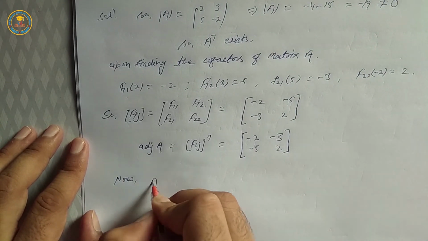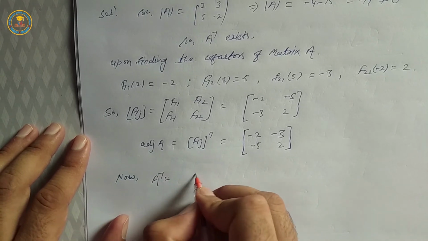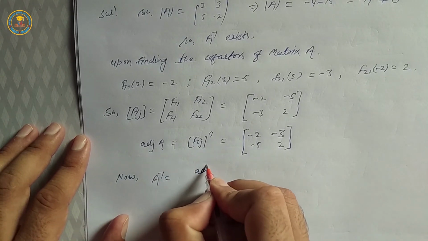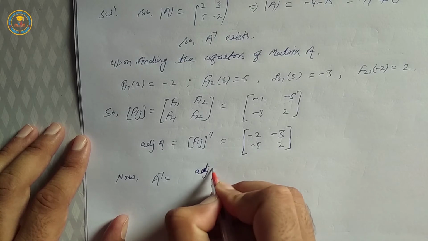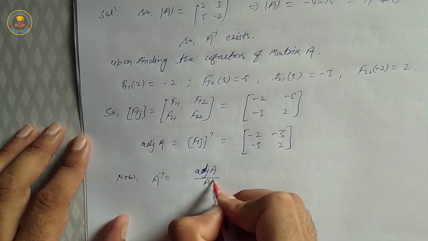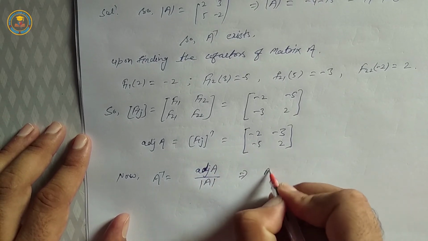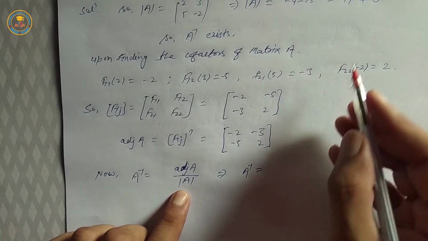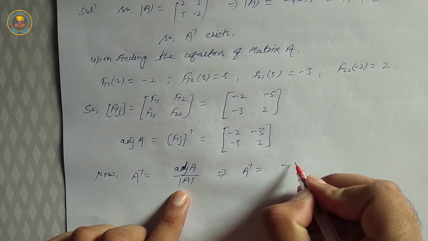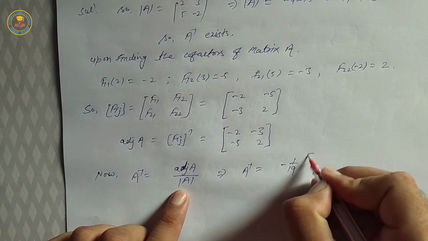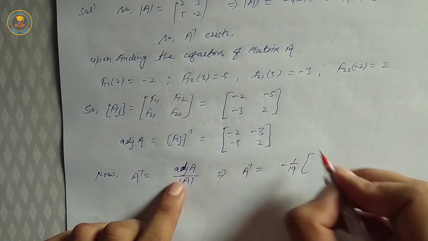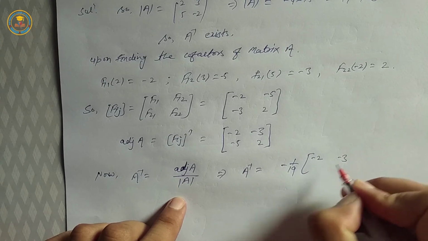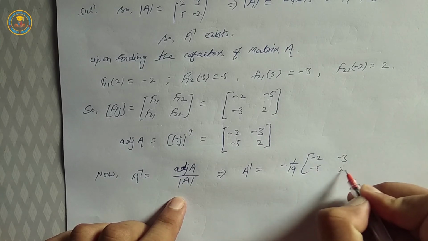Now A inverse is equal to adjoint A upon determinant A. Determinant A is minus 1 upon 19, into adjoint A, which is -2, -3, -5, 2.